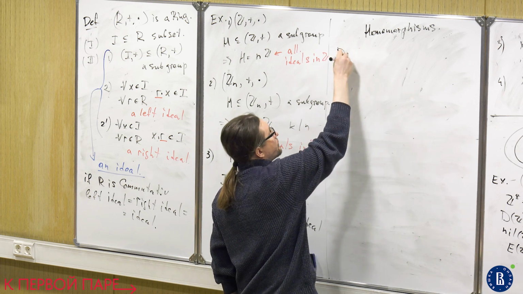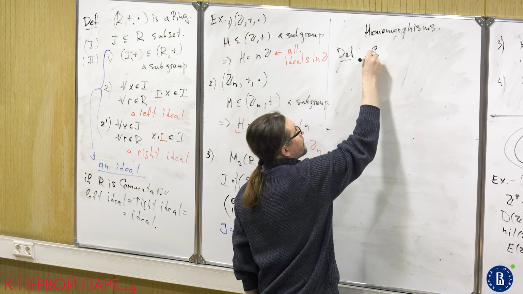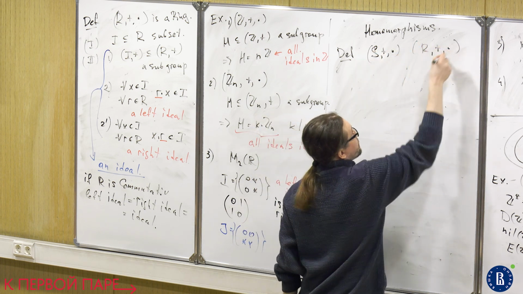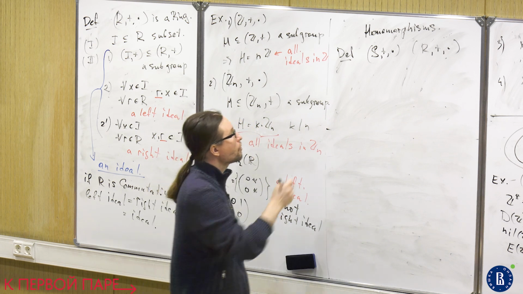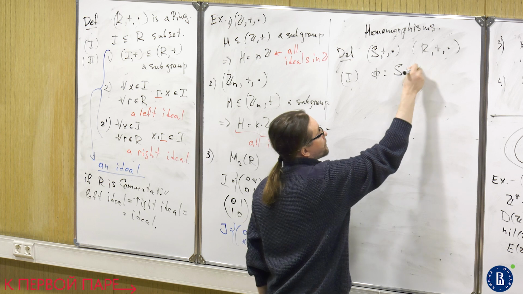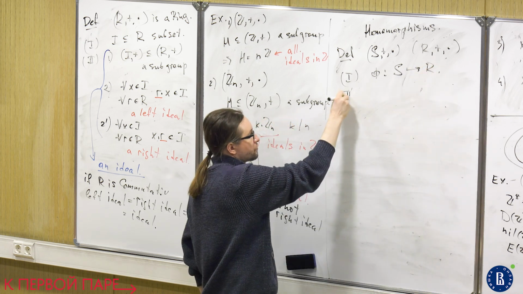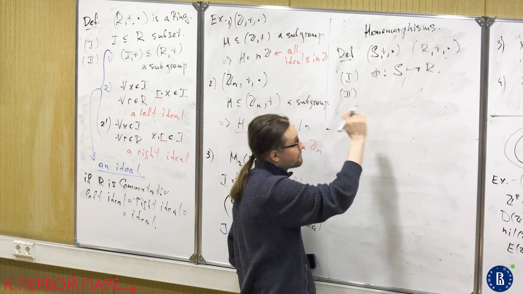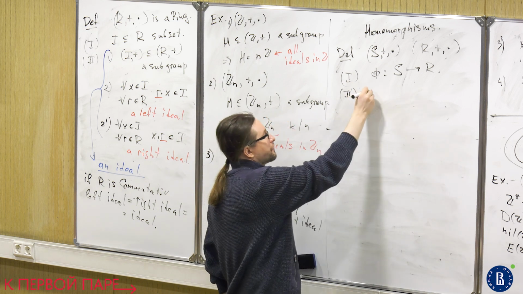Suppose we're given two rings, S with plus and dot, and R with plus and dot. Then a homomorphism is a map phi from S to R. And this map must satisfy three properties.